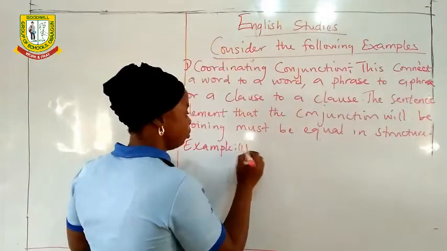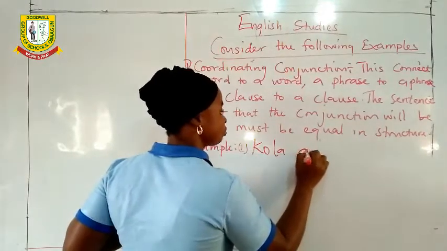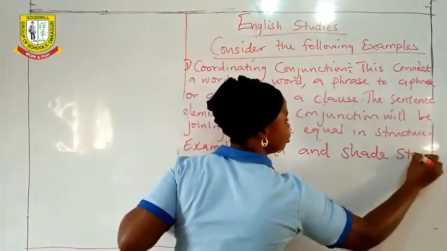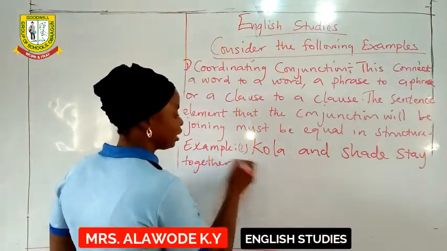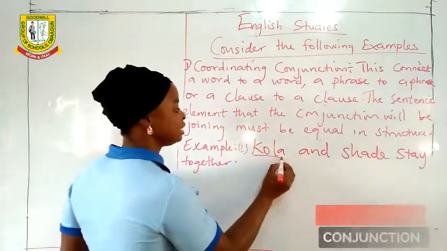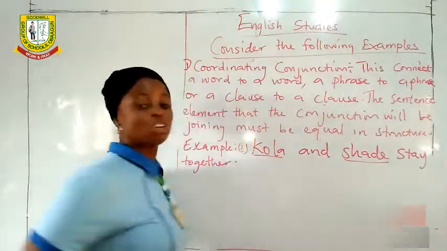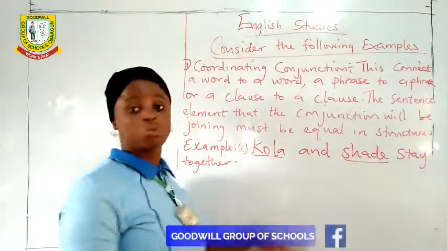The first example: Kola and Shade stay together. So this is a complete sentence. Kola is a noun, Shade is also a noun. So "and" is the conjunction that joins the two words together. But that's not all we're saying.